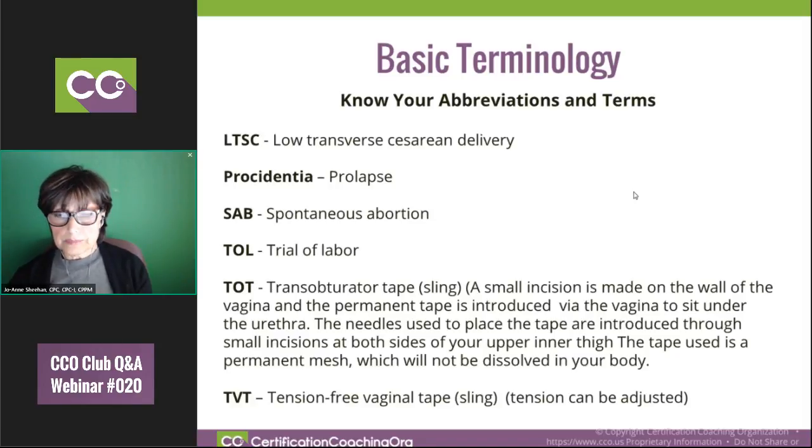Basically, it's a small incision that is made in the wall of the vagina, and the permanent tape is introduced via the vagina to sit under the urethra, and the needles used to place the tape are introduced through small incisions on both sides of the upper inner thigh, and the tape used is a permanent mesh which will not be dissolved in your body. And then the tension-free vaginal tape, which is also a sling, is basically the same thing, but the tension can be adjusted.